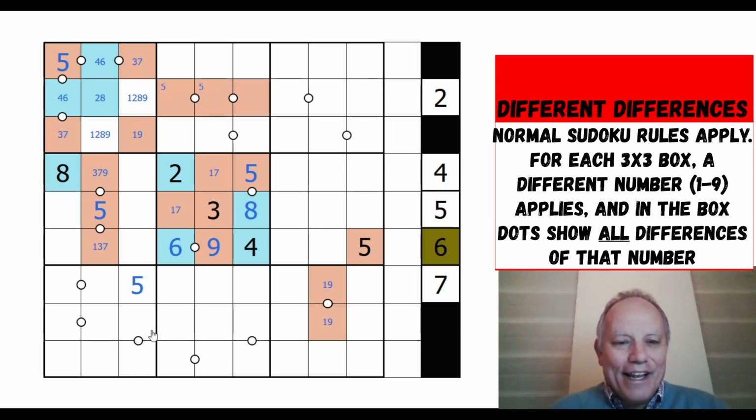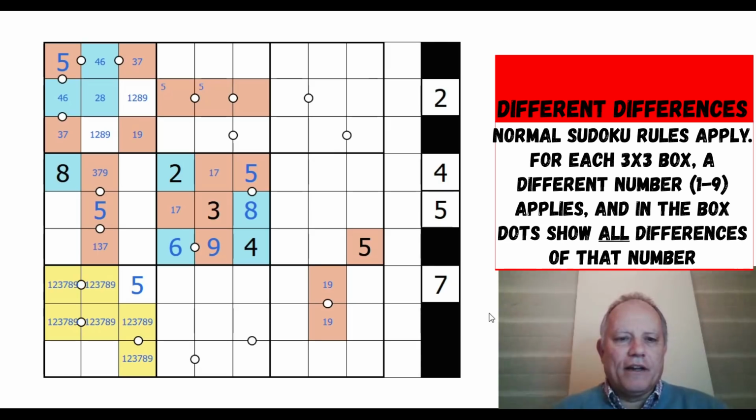I love that. So these 6 cells are occupied by the digits that can be 6 apart: 1, 7, 2, 8, and 3, 9. These 2 down here are 4 and 6. That's all that's left. They're not 6 apart, so they don't get a dot. That's fine. Let's make them blue because they're even.